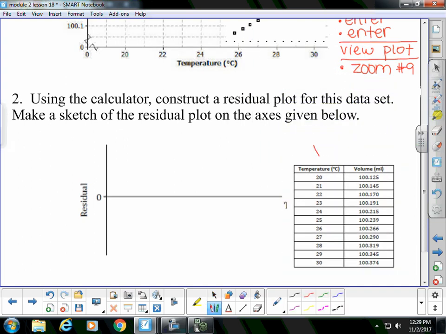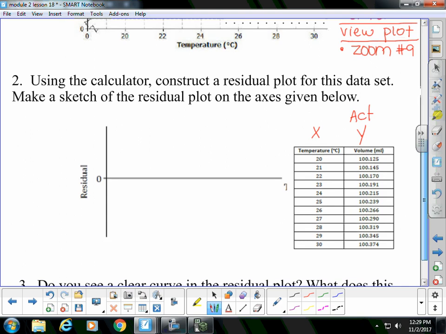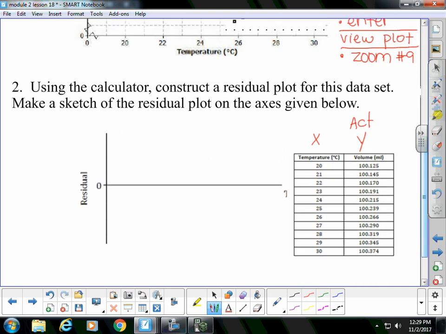This is our x. This is our y. So y is our actual. We've now got to find our predicted values. And I'm guessing that line is not fitting it because it's not really a line at all. It's probably a curve, and we're not seeing it on the scale that was used.